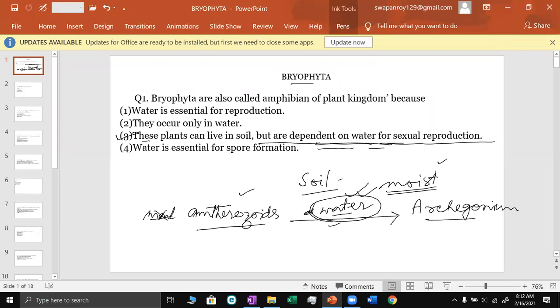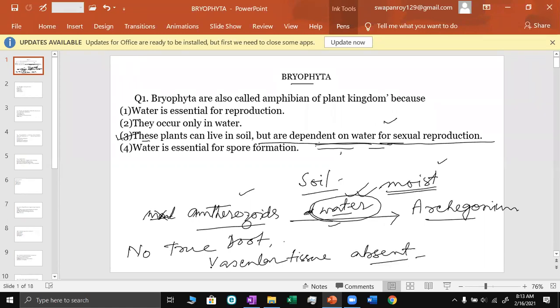Here, though these plants grow in soil, they are not fully adapted to it. They don't have true roots, and they don't have vascular tissue. So they are not fully adapted to the land habit.